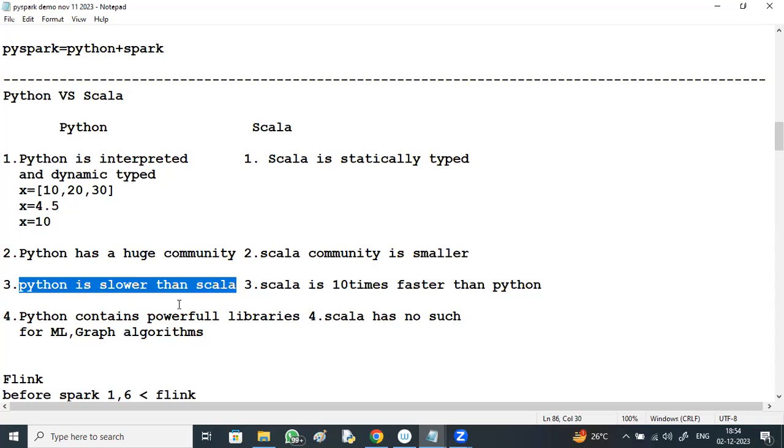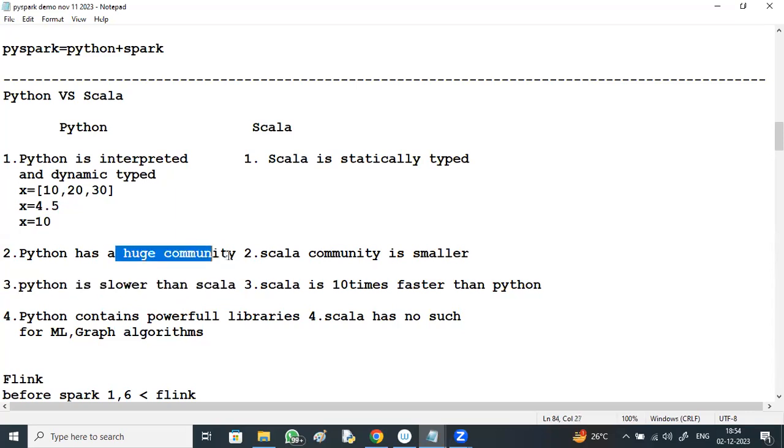For everything else, community-wise Python has a huge community and powerful libraries for machine learning and graph algorithms, but Scala is a little weaker by comparison. Coding-wise, length-wise and complexity-wise, the Python implementation will be simpler and easier, and Python has powerful libraries especially for graph processing, machine learning and streaming, right?